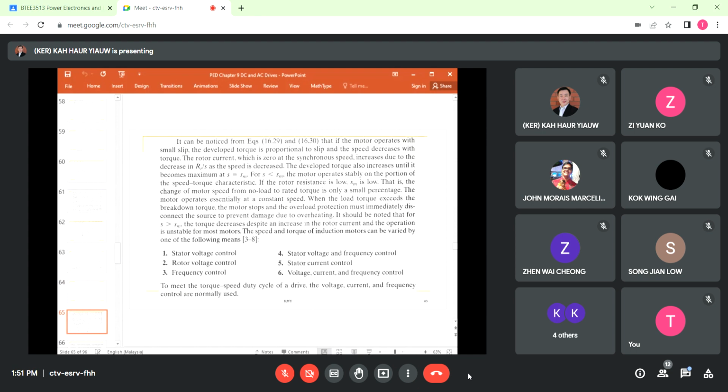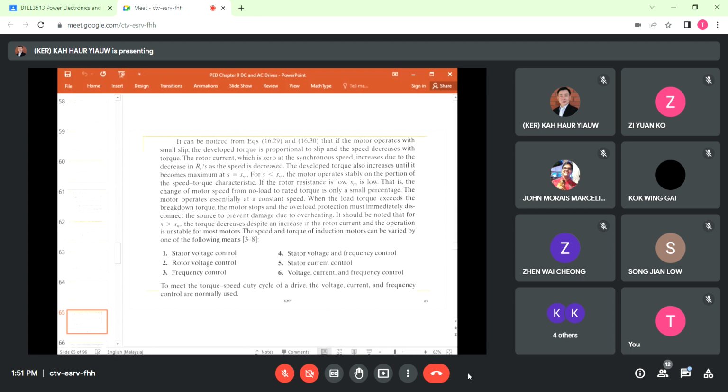For S less than Sm, the motor operates stably on this portion of the speed-torque characteristic. If the rotor resistance is low, Sm is low. The change of motor speed from no load to rated torque is only a small percentage. The motor operates essentially at a constant speed.